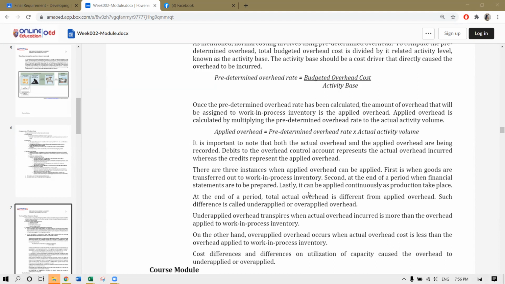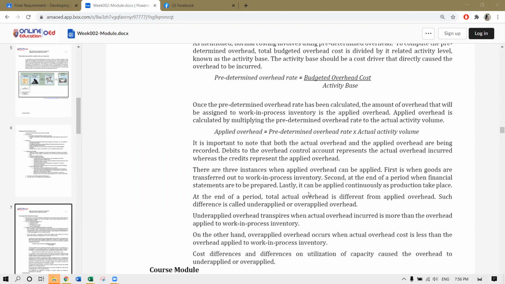Whereas on the other hand, over-applied overhead occurs when actual overhead cost is less than the overhead applied to work in process inventory. Okay. Nasobrahan na naton pagbutang overhead naton and applied naton nga inventory based on the predetermined overhead rate as compared to the actual nga overhead.